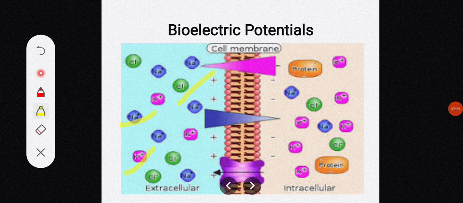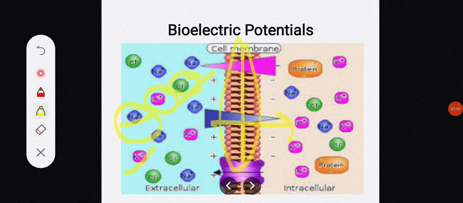Now, for these type of excitable cells, special type of cells, what happens? This semi-permeable membrane allows potassium as well as chloride ions to pass through it, but it does not allow sodium ions to pass through it.